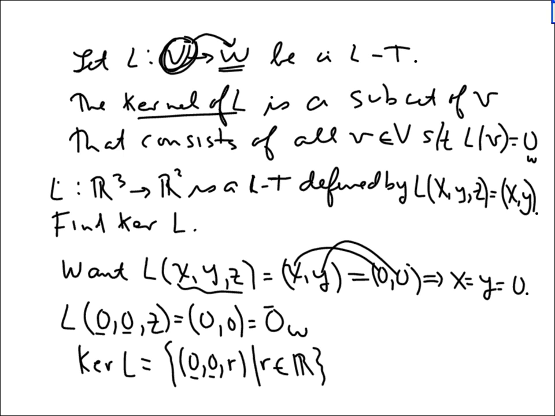You take L of anything in this form where that last entry, r, is just a real number, you'll get the zero vector. Just remember, L of something in R3 is just the first two entries, x comma y.